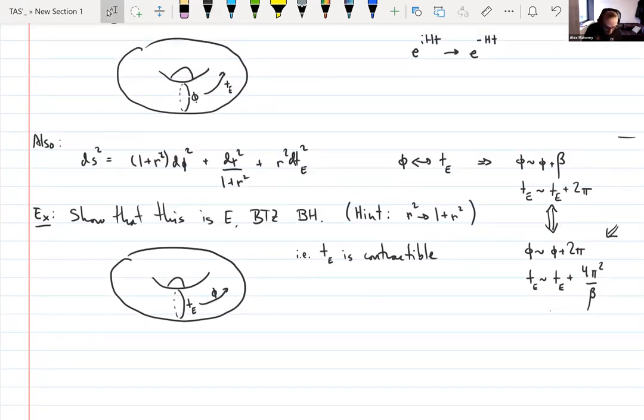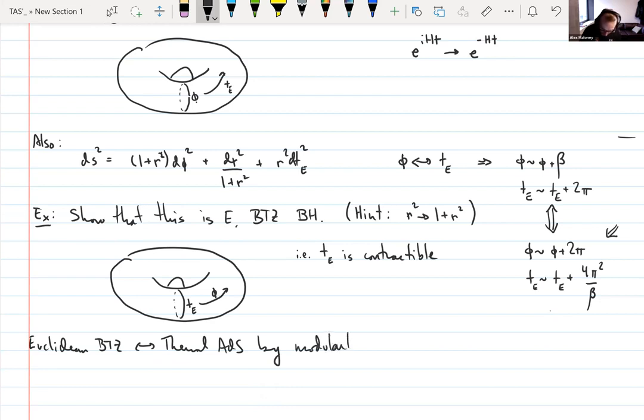So what we now conclude is that Euclidean BTZ is related to thermal AdS by a modular transformation. In the boundary CFT language, we would call it a modular transformation. But in the bulk, we would call this a diffeomorphism. That is a change of coordinates that doesn't vanish at infinity. Okay.